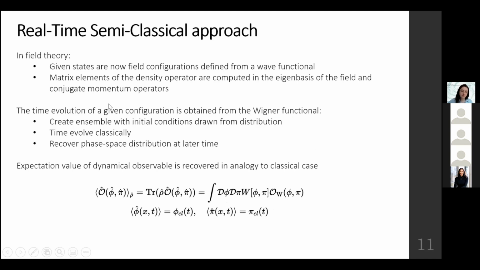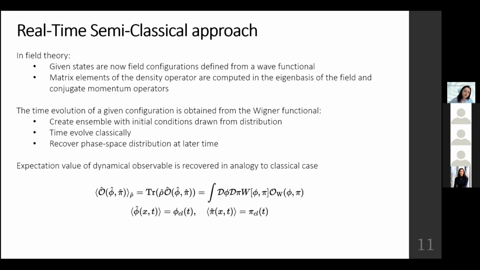And the matrix elements of the density operator would now be computed in the eigenbasis of the field and conjugate momentum operators. The time evolution for any given configuration is obtained from the Wigner functional in a standard way. So you create an ensemble with initial conditions drawn from this distribution given by the Wigner function. And then you time evolve using the classical Hamiltonian.